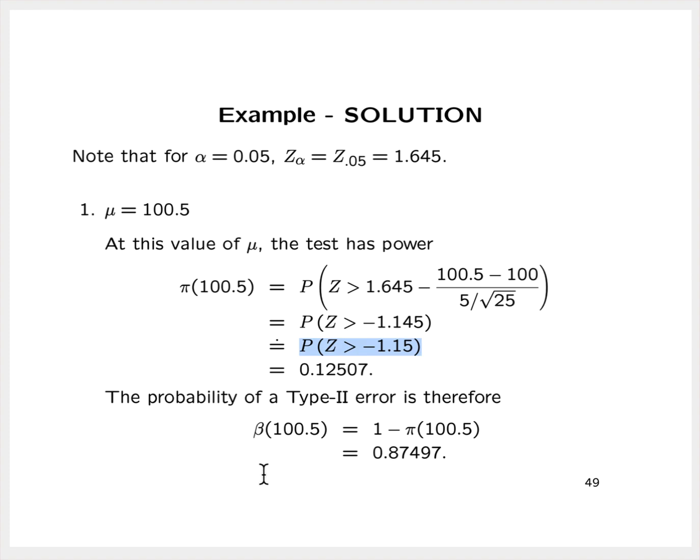So when the true value of mu is equal to 100.5, even though the null hypothesis is false and the alternative is true, there is a very large probability, about 87.5%, that we will fail to detect that the null hypothesis is false. So there's only a very small probability that we will actually reject the null hypothesis if the true value of mu was 100.5.